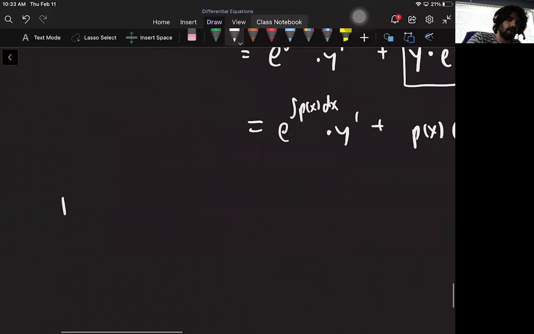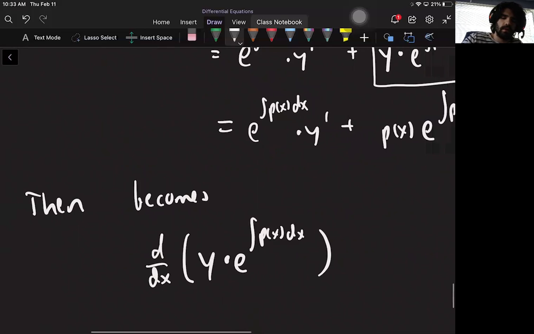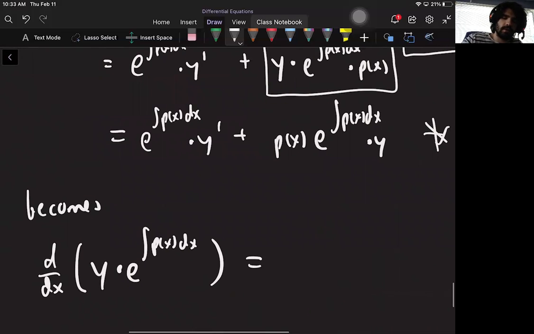Okay, so then this becomes d over dx of y times the integrating factor on the left side. The whole left side just becomes that. The right side, we didn't do anything, so it's just what we had before. So it's the integrating factor times q of x.